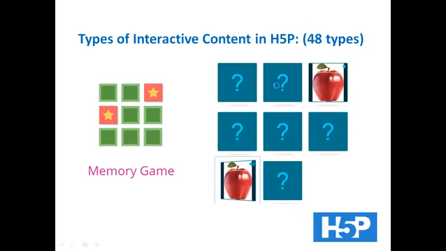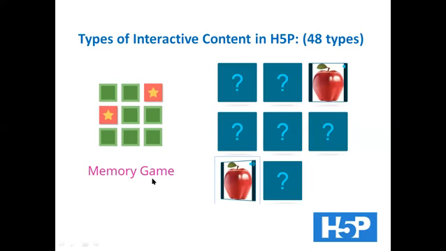Okay. Till now, I have told you that we can create interactive e-content. In H5P we have 46 types of e-content. Here it is mentioned as 48. Sorry, it's 46. There are 46 types of interactive e-content in H5P.